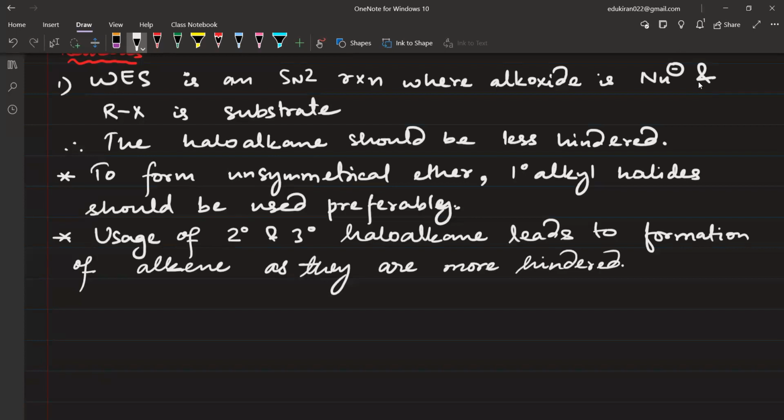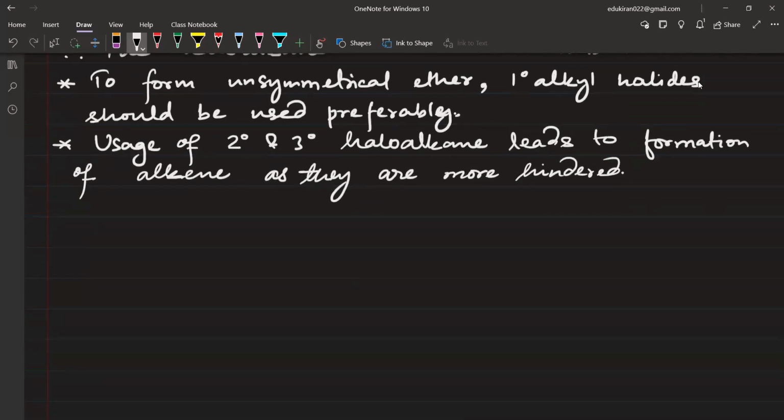As they are more hindered. You can see, for example, if you want to make something like this.